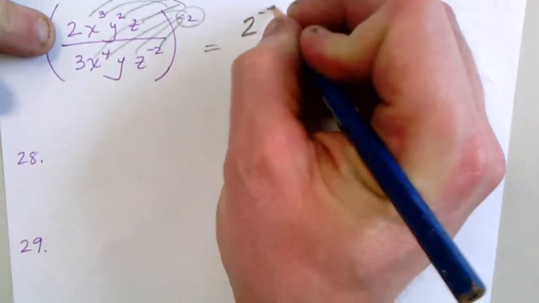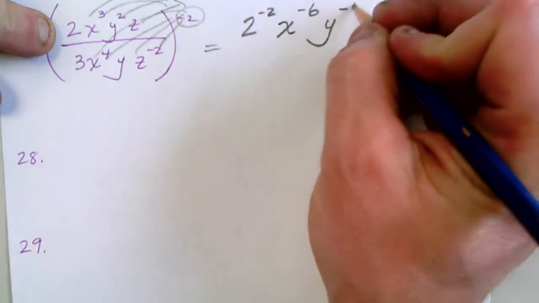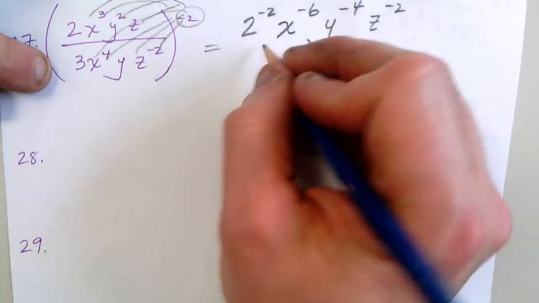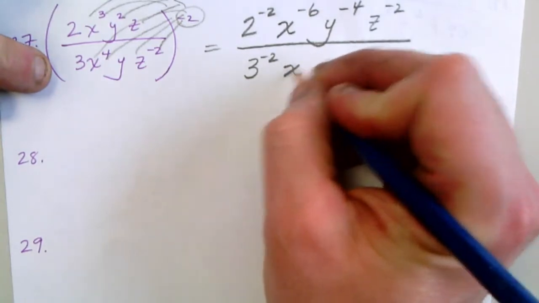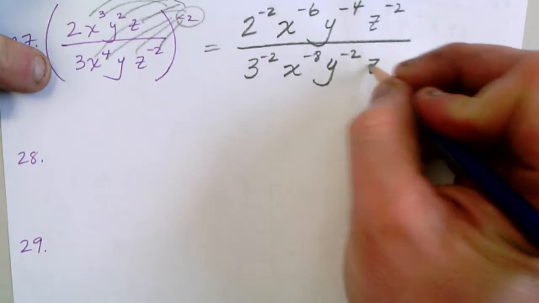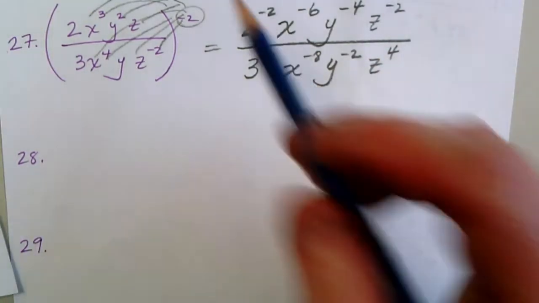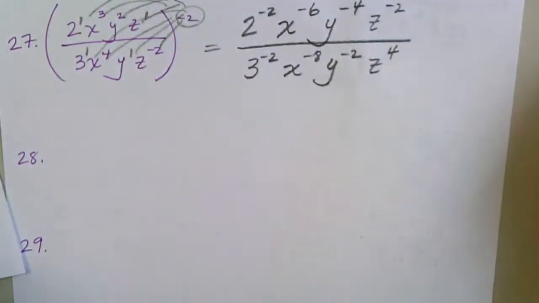So I have 2 to the negative 2nd, x to the negative 6, y to the negative 4th, and z to the negative 2nd, over 3 to the negative 2nd, x to the negative 8th, y to the negative 2nd, and z to the positive 4th. Okay? So again, I'm just multiplying each one of these exponents by negative 2. And be careful with your negatives. Don't flip-flop back and forth. Make sure that you are able to multiply those correctly.